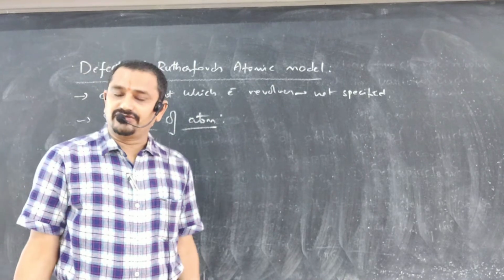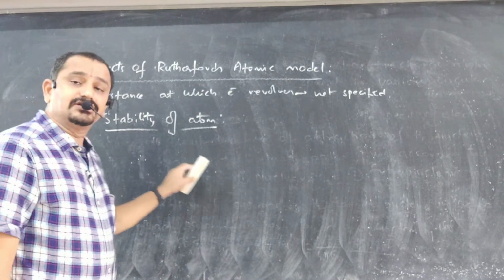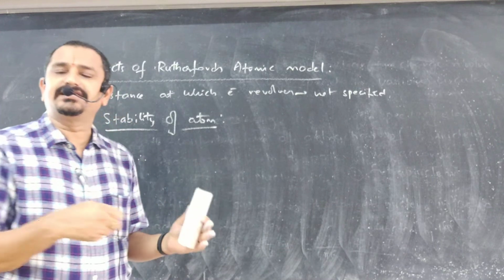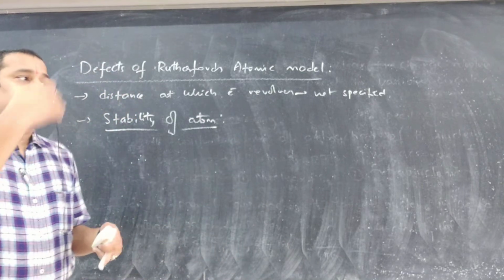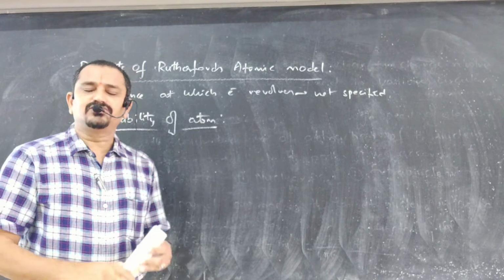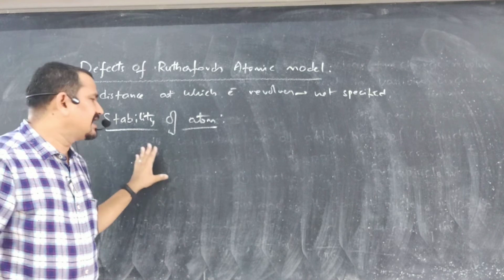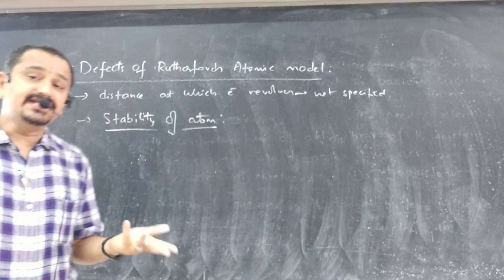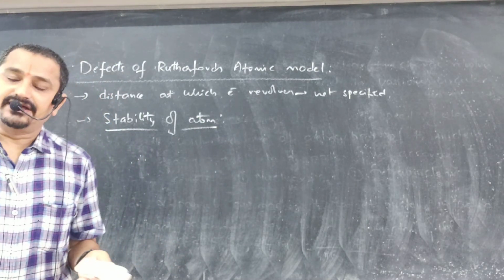Then the atom should collapse. As per this calculation, the electron should collide with the nucleus in 10 power minus 8 seconds. But as per observations, the electron moves stably and continuously around the nucleus. So whatever Rutherford had given has some drawbacks. To explain these drawbacks, Niels Bohr gave a different atomic model, which we are going to discuss in our next session.